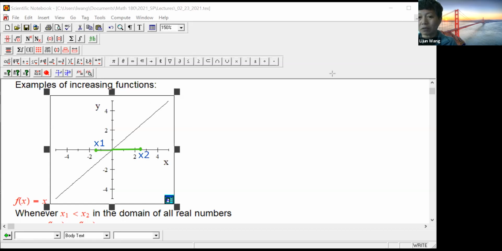And what are their respective function values? This is f of x1, and this is f of x2. And clearly, f of x1 is smaller than f of x2, right?